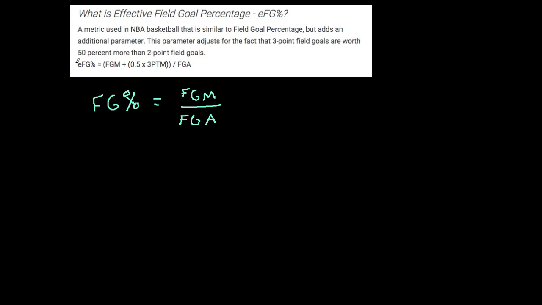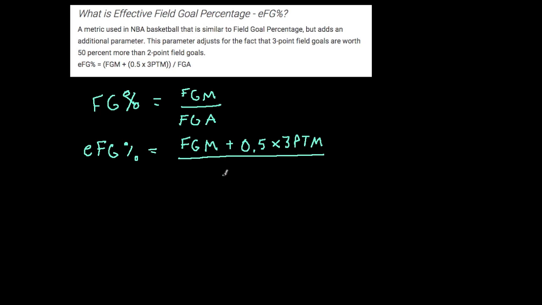And so here we have the equation for effective field goal percentage, and I just want to break that down and see kind of what that looks like. Okay, so we have the effective field goal percent equals field goals made plus 0.5 times 3-pointers made, all over field goals attempted.